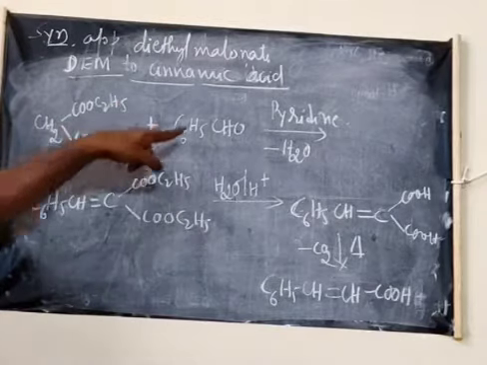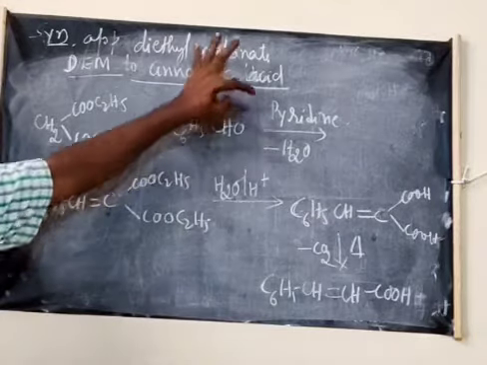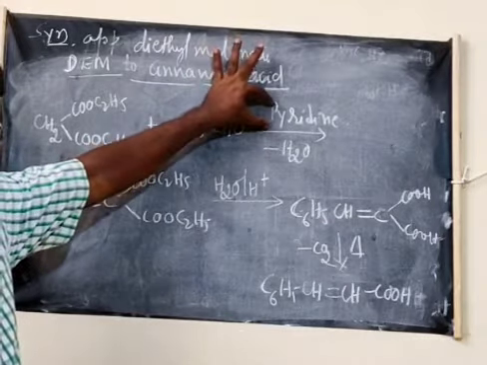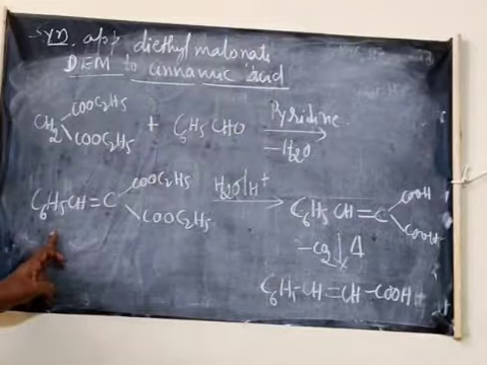DEM treated with benzaldehyde in presence of a base, pyridine, forms this intermediate.